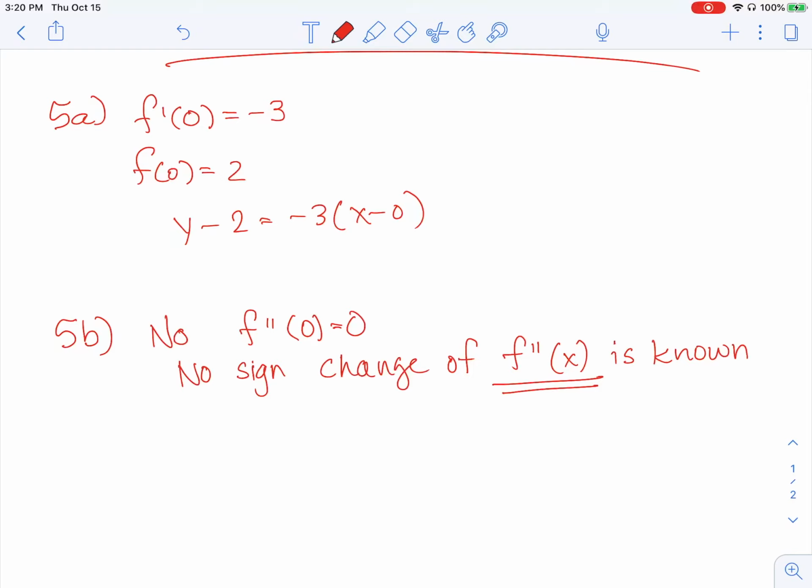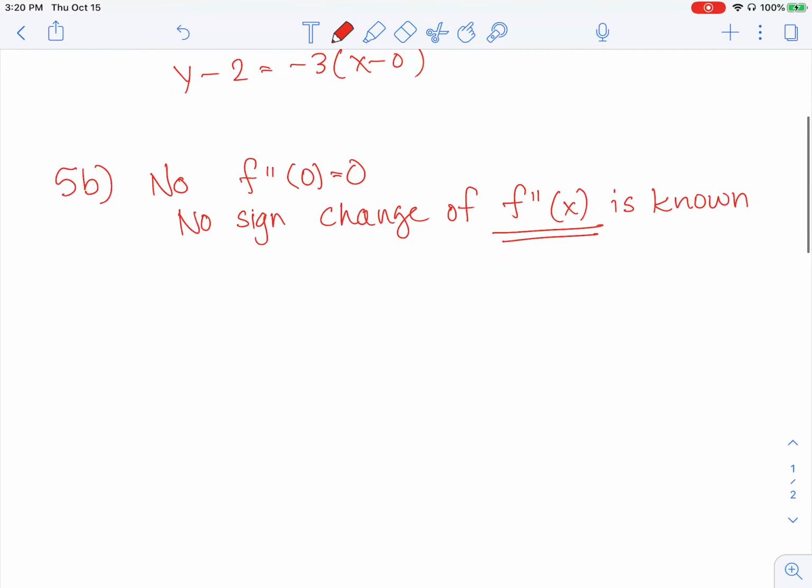Okay, for part C, it says that you're given that g of 0 is equal to 4, and you need to write the equation of the tangent line at the point where x equals 0. So we need g prime of x.